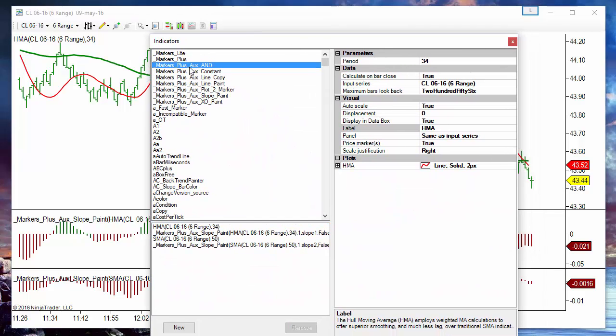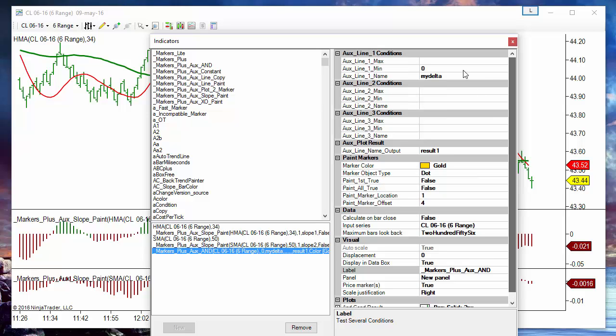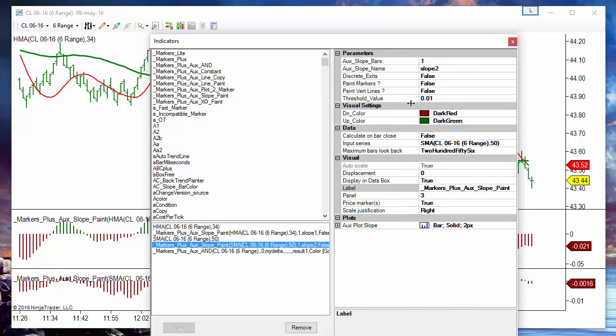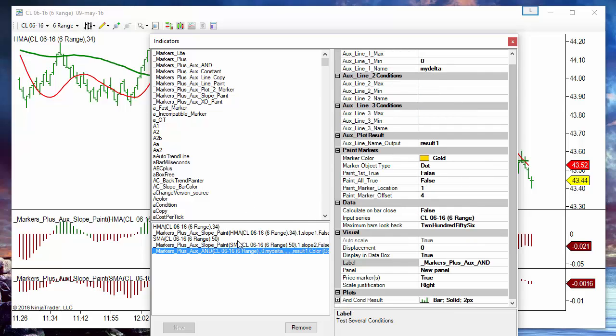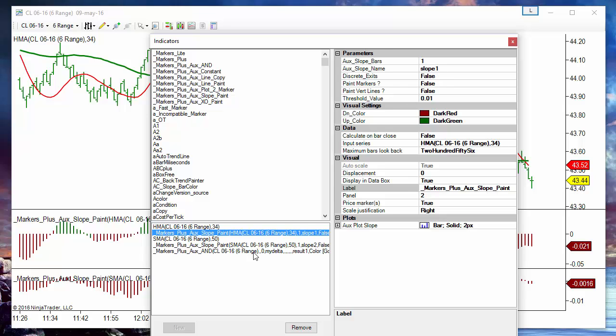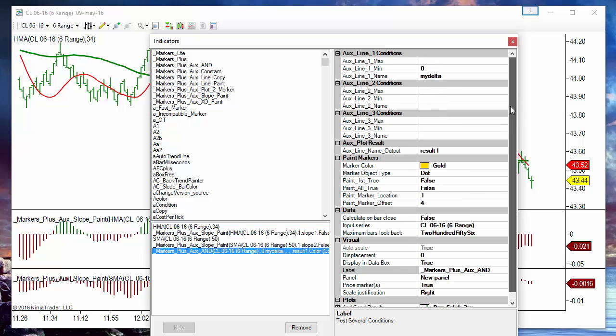For that we can use the AND indicator, where we can use the assigned names, slope 1 and slope 2. When slope 1 has a minimum of 0 and slope 2 has a minimum of 0 also, so both are positive, we have a result 1.